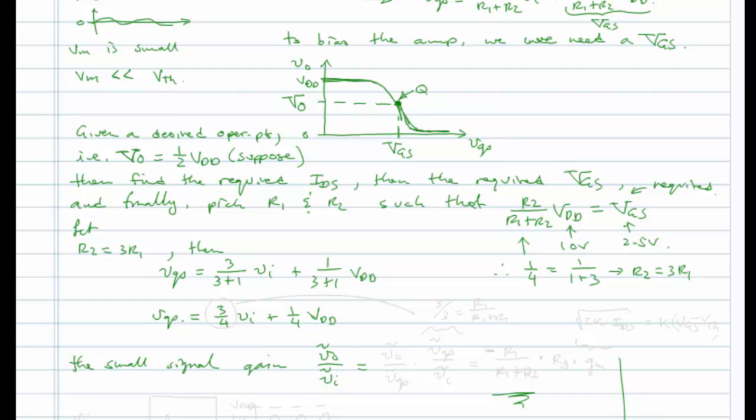This is going to be equal to VO over VGS times VGS over little vi. Okay, and this second term, VGS over VI, is what we found right here. It's going to be 3/4, or in general, it is R1 over R1 plus R2.